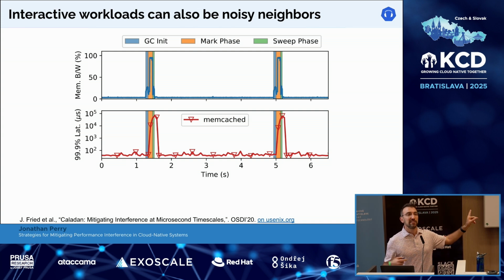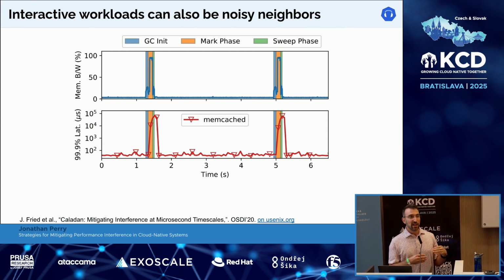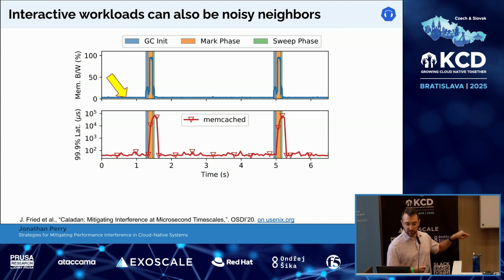So in this MIT experiment, they ran memcache alongside a garbage collected workload. And you can see memory bandwidth on the system is relatively low as the experiment runs until the mark phase of the garbage collection, which is very memory intensive and saturates memory bandwidth.